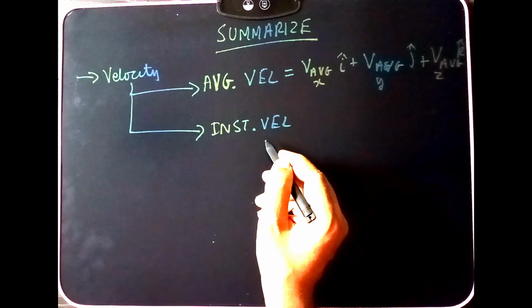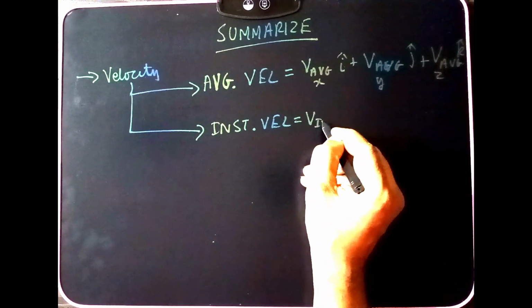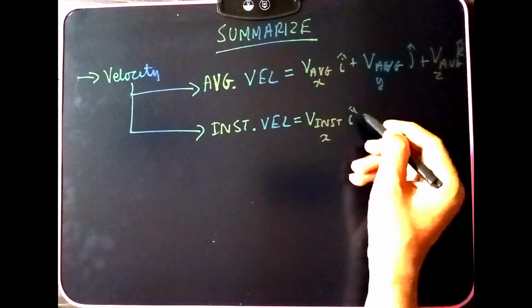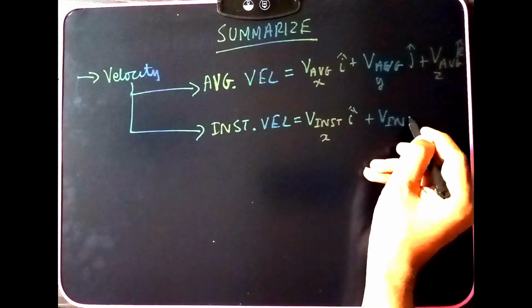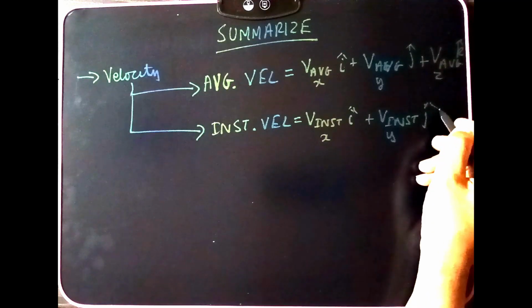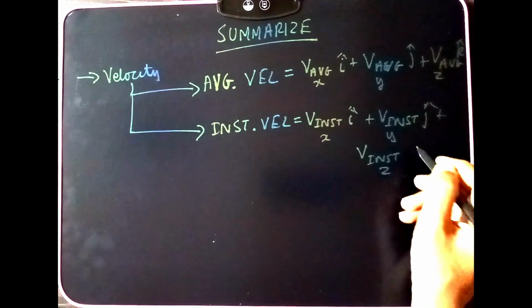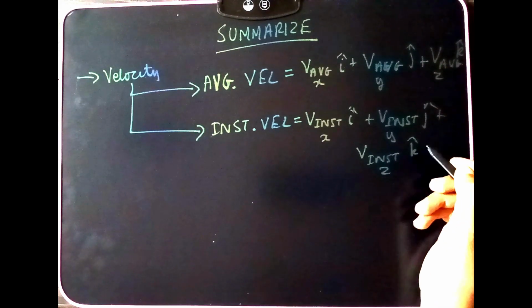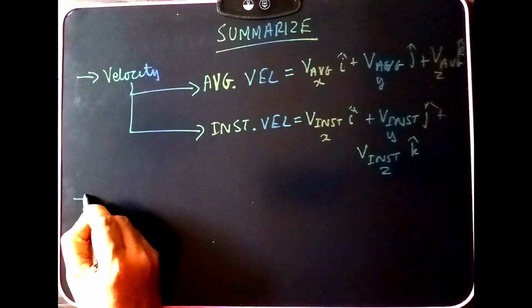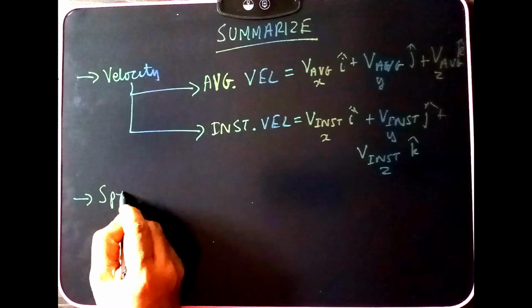So instantaneous velocity will be similar. Instead of average, it will be v instant on x i cap plus v instant on y j cap plus v instant on z k cap. Then we saw speed.